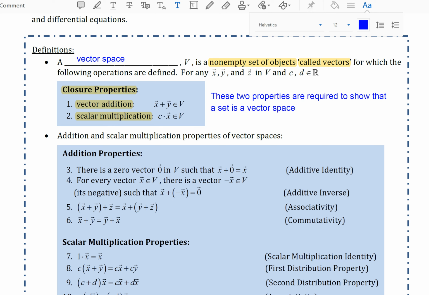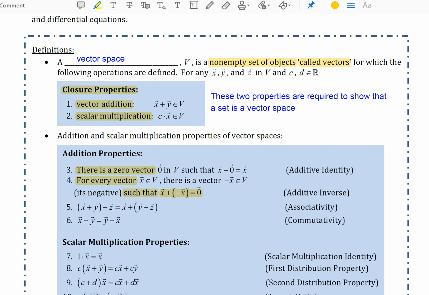However, there are 10 properties in total that vector spaces will have. There is a zero vector in V such that any vector plus 0 stays itself, referred to as the additive identity. And for every vector x in V, there's another vector, the opposite of x, its negative, such that x plus negative x is 0, referred to as the additive inverse.